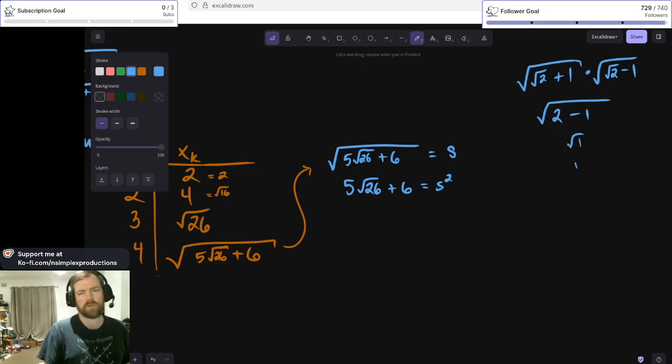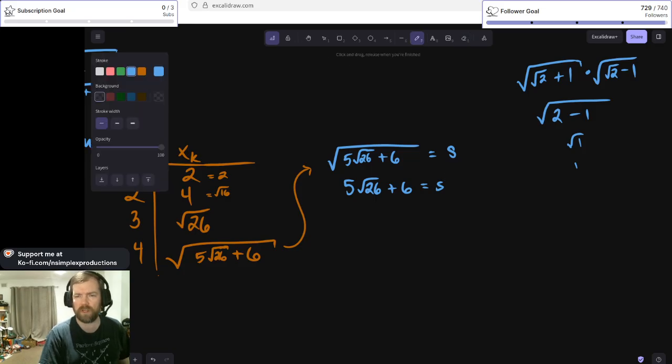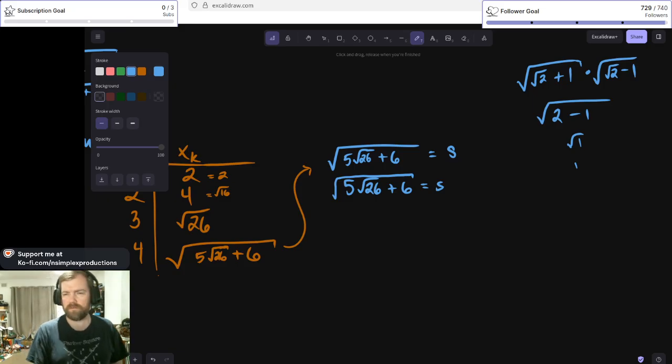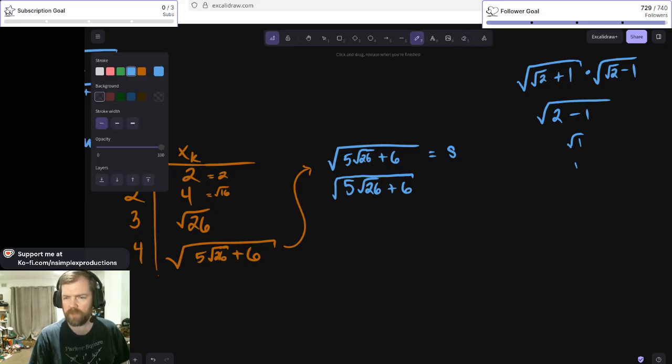Okay, so here we could actually do the same thing. Don't do the s squared thing. What we're going to do is multiply both sides of this equation by the irrational conjugate, square root 5 root 26 minus 6.